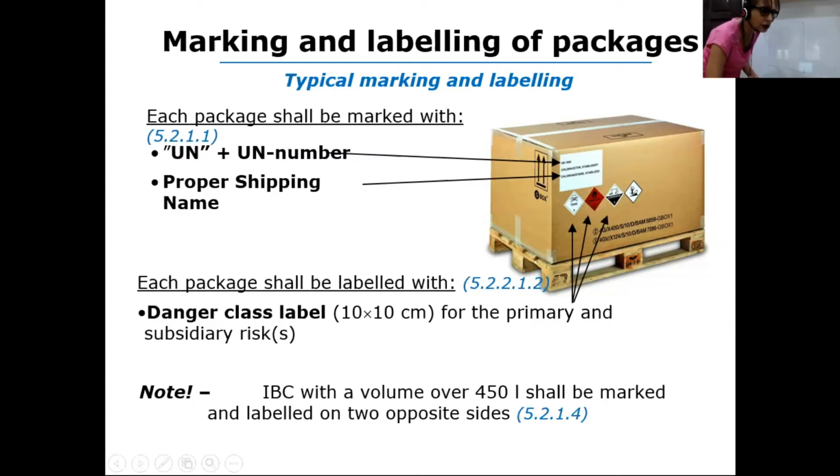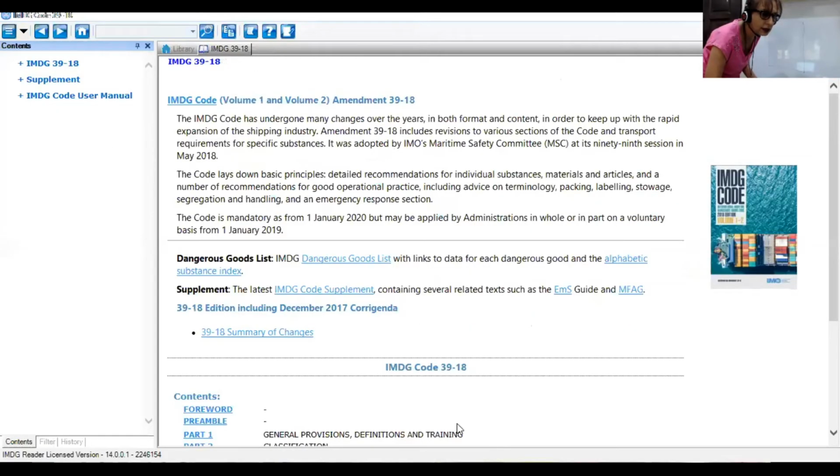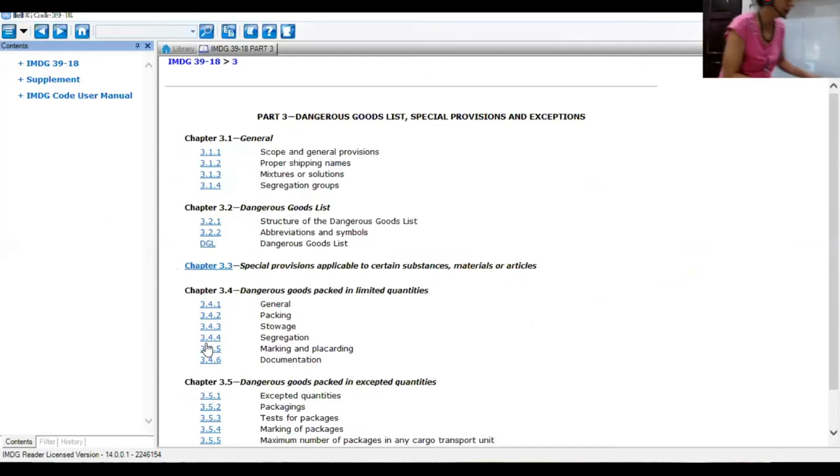So I'm going to open up a UN number that I had planned to open up today for us to start with. The UN number that I picked is 1244. I'm going to open it on the screen for all of you as well.